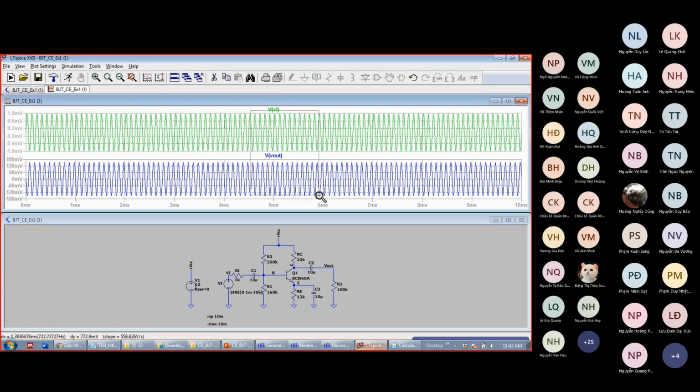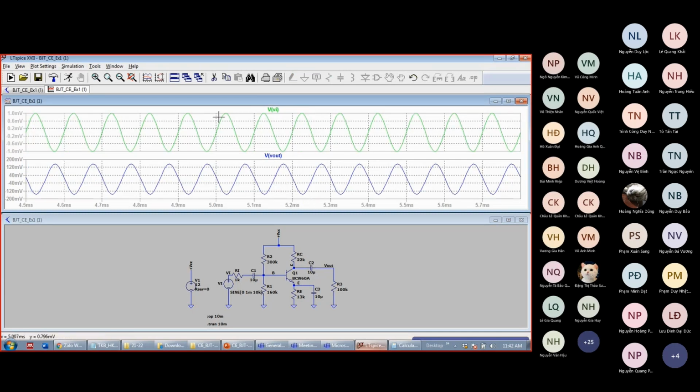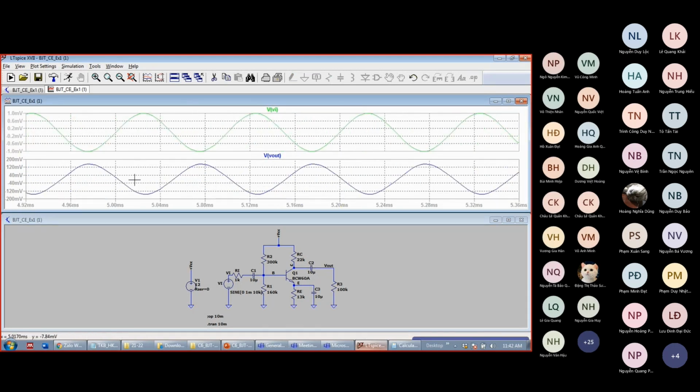You can make a zoom here on the two graphs at the same time. Voila, you can see that the output signal Vout is out of phase compared to the input signal. When the input signal is at minimum, the output is at maximum, and when the input is at maximum, the output is at minimum, right? You can see.